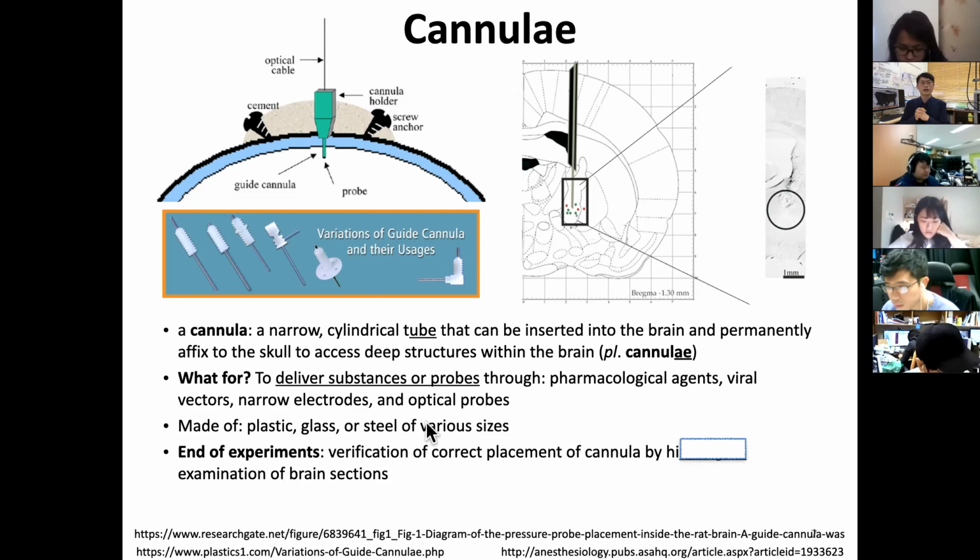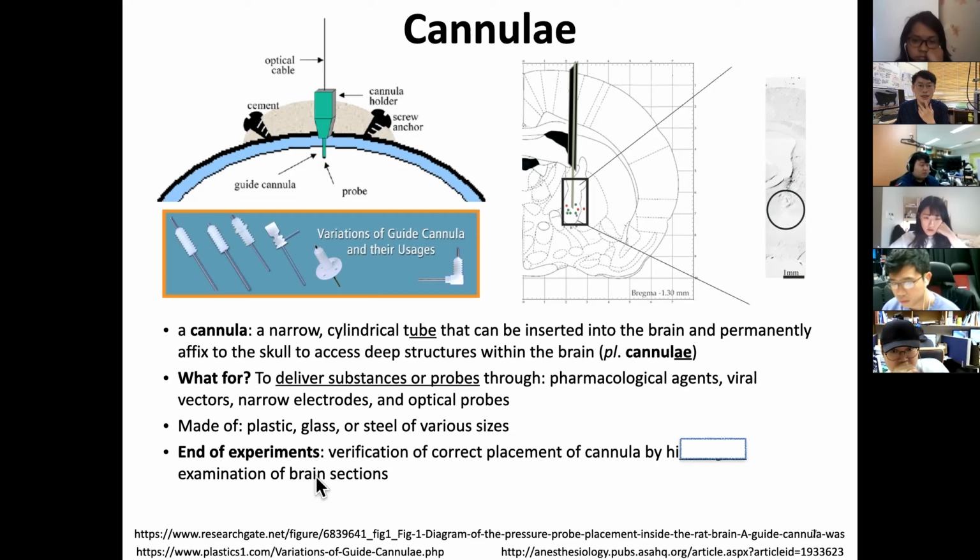The important thing is that this is a quite delicate experiment, and at the end of the experiment, how do you know that what you injected or inserted is in the right position? You need to verify for yourself and for your publication as well. So, correct placement of the cannula is confirmed by examination of brain sections.